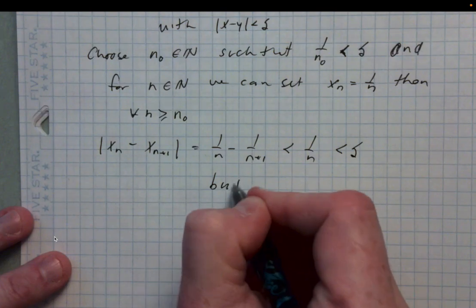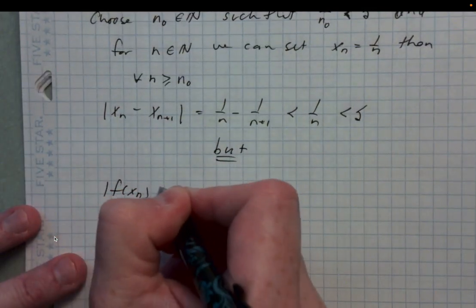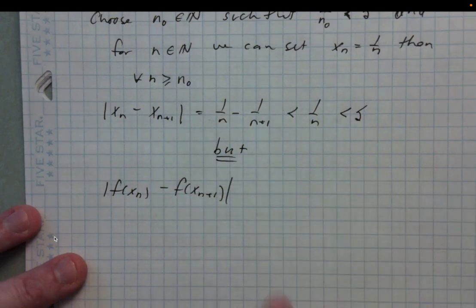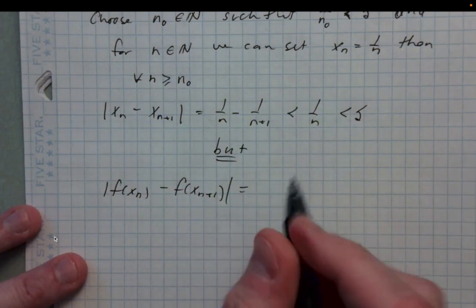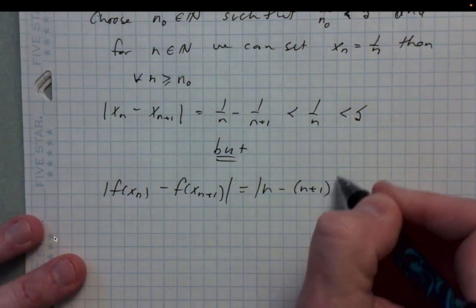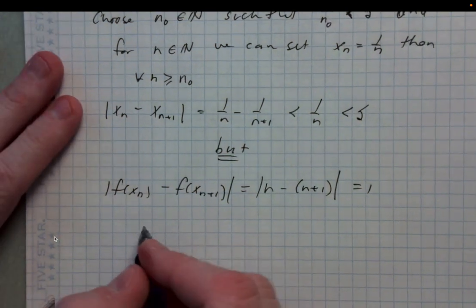But here's the problem. |f(x sub n) minus f(x sub n plus 1)| would just be equal to |n minus (n plus 1)|, which is equal to 1. Right? And so this contradicts the assumption.